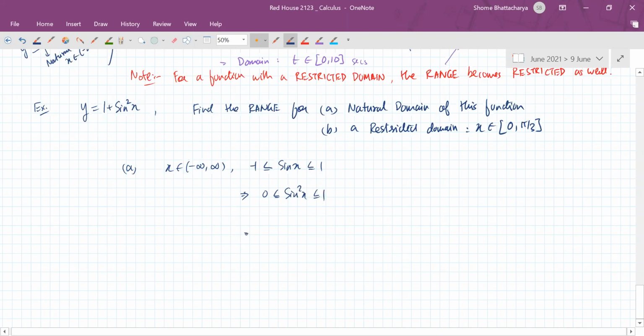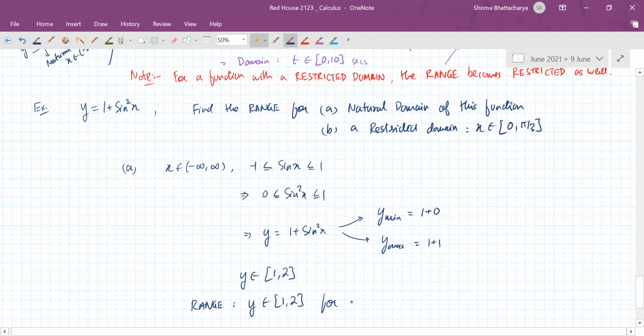And therefore y, which is 1 plus sine square x, has minimum value 1 plus 0, and maximum value 1 plus 1. So y belongs to the set from 1 to 2. So the range is 1 to 2 for x belonging to all real numbers, which is the natural domain.